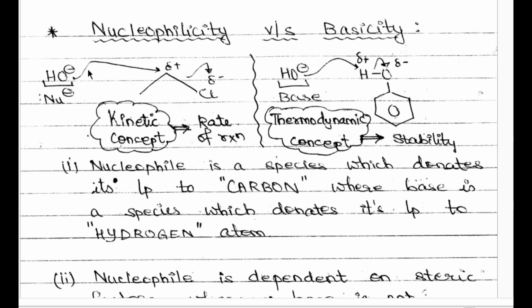When the OH- is attacking the carbon of chloroethane, how fast it attacks the carbon atom will be decided by the groups attached to the positive center of the carbon atom. If the groups attached are bulky or more numerous, then the attack of OH- becomes difficult and the reaction takes place slowly. So in this case, the kinetics of the reaction would be slower.